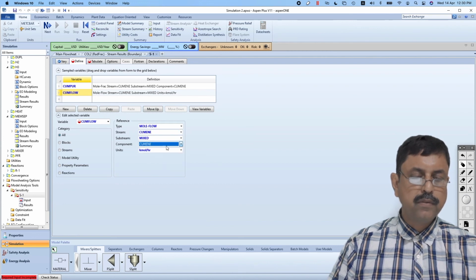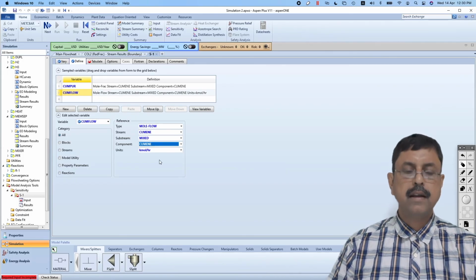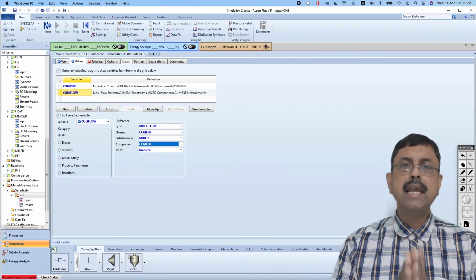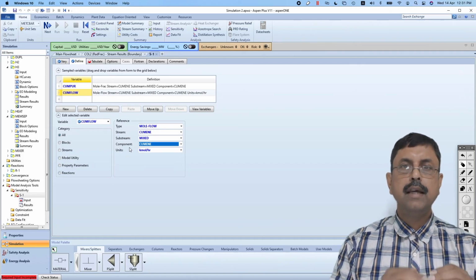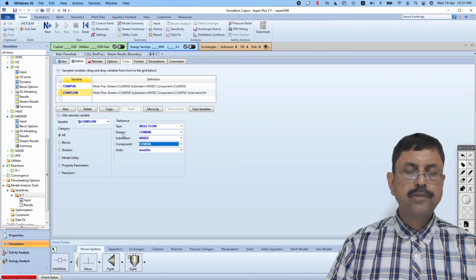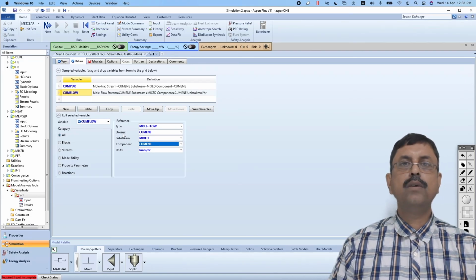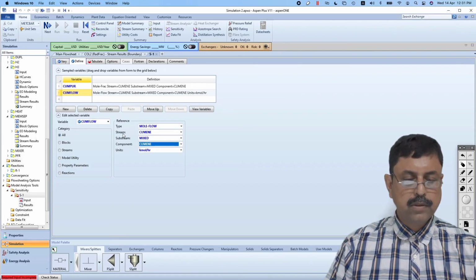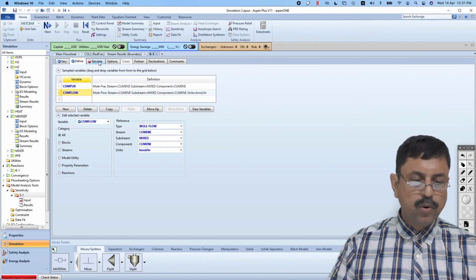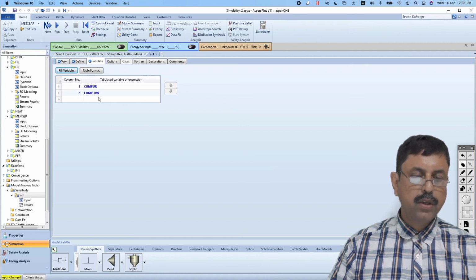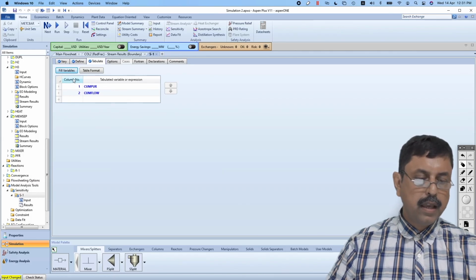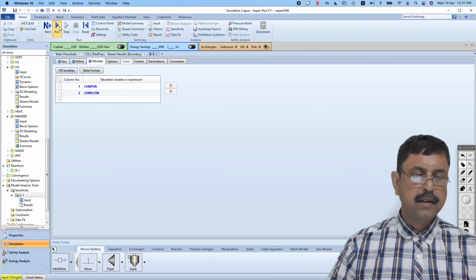Do not get confused between the names: here we have given the name of the stream as cumene, and here cumene is the component. The stream can be named anything, Q1, Q2, anything. I have given it the name cumene, so do not confuse the component and the stream. Then go to tabulate. Here you fill in the variables of both cumene flow and purity, and then you can run the sensitivity analysis.